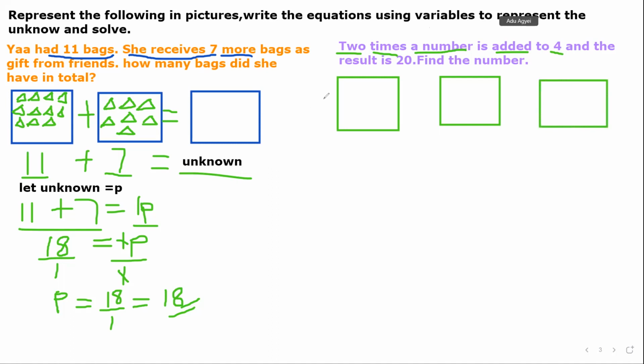So 2 times a number, let me write 2 here, times a number in the box here, plus 4, since times a number is added to 4. So let me use any circle to represent that, any shape to represent the 4. So here will be 1, 2, 3, 4, okay? Plus 4.